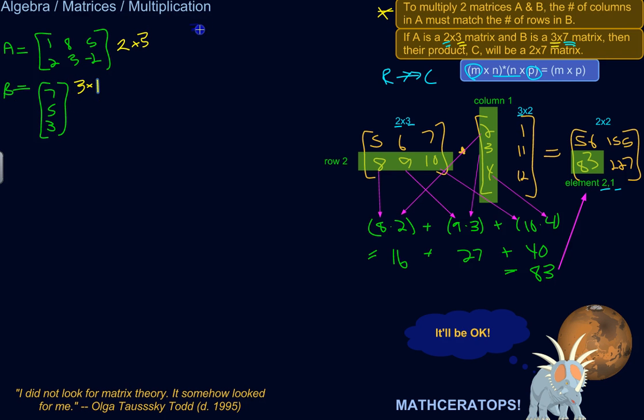So let's put these dimensions together. Okay, these numbers match, so we can multiply them, and then these become our new dimensions. So our new product is going to be a 2 by 1 matrix. So we're going to multiply A times B. So A times B will equal a 2 by 1 matrix. So it's 2 rows and 1 column.